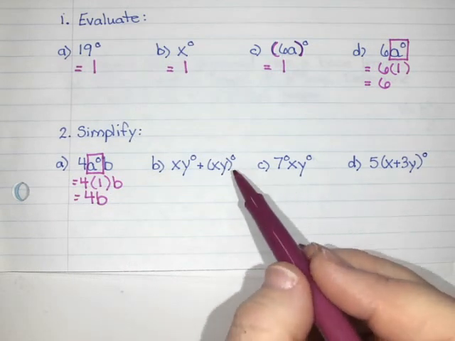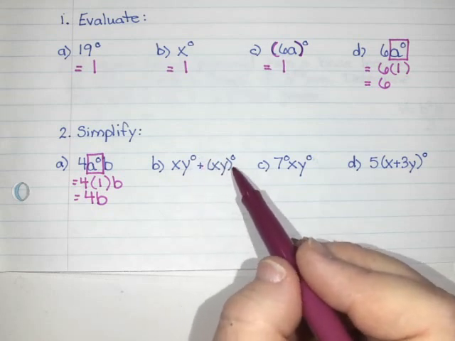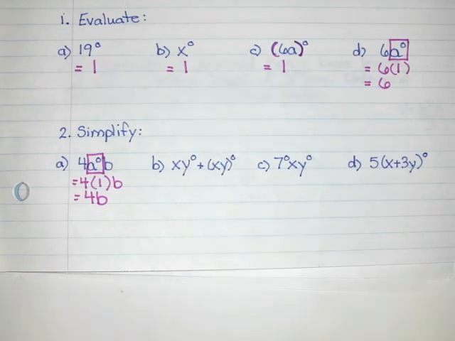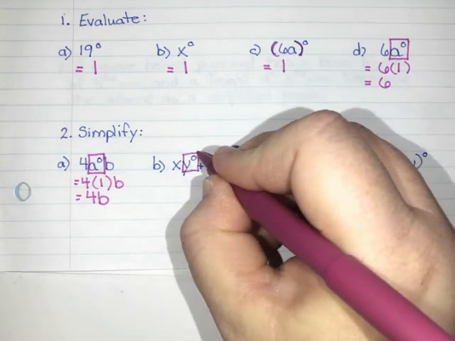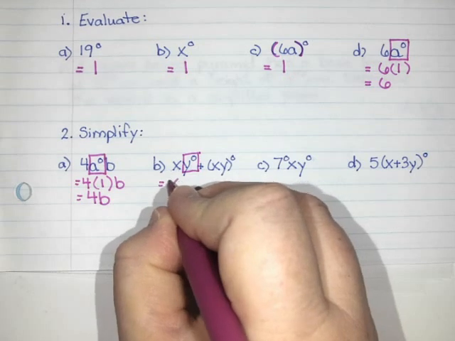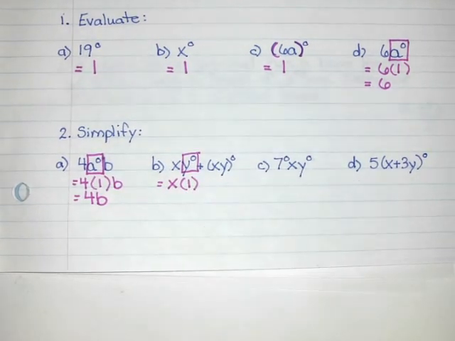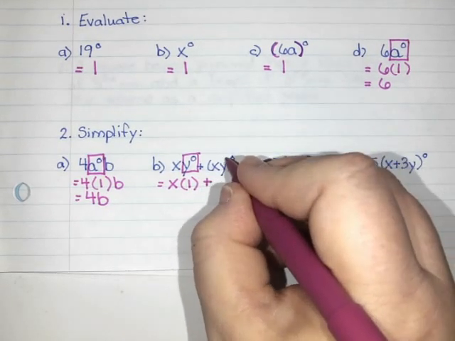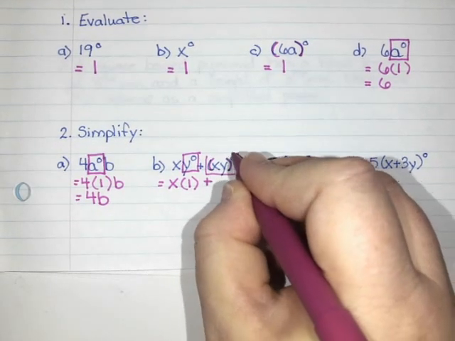If I take a look at the next one, I have xy to the 0 plus, in a bracket, xy to the power of 0. So if I take a look at the first part, xy to the power of 0, that power of 0 belongs to the y. So the x does not change, it just stays an x. The y to the 0 becomes a 1. And then plus. Now this time that power of 0 is on the bracket, which means the whole thing is to the power of 0.